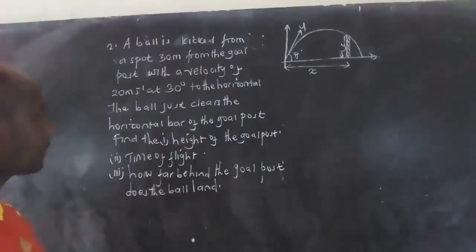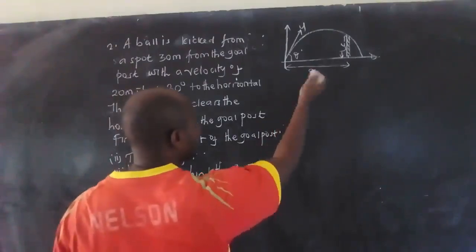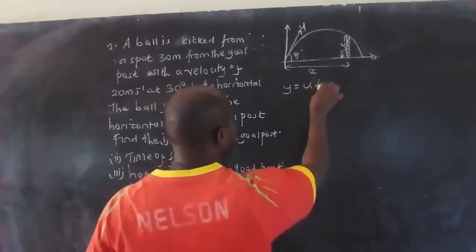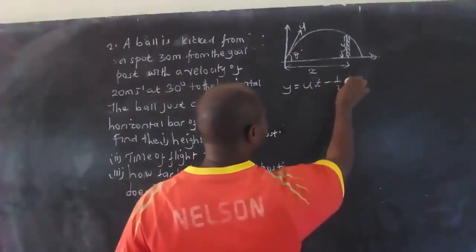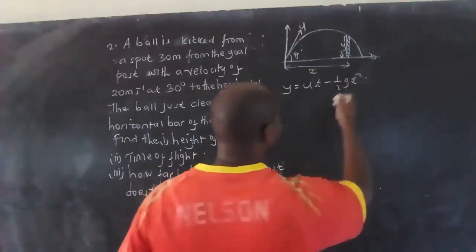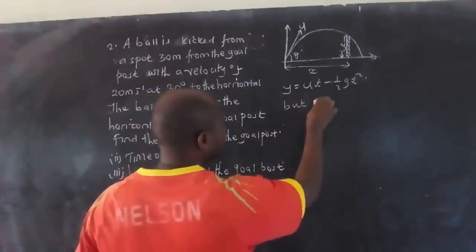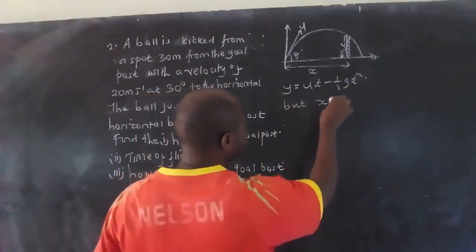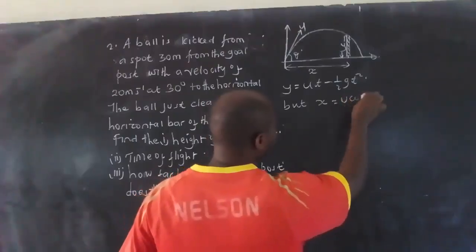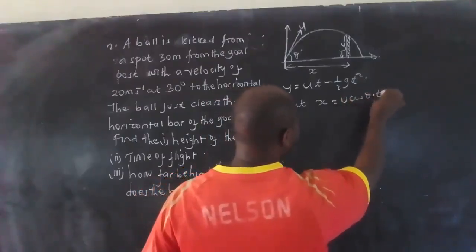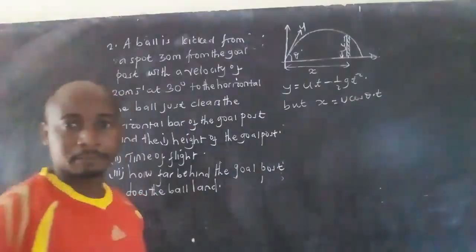So we don't have the height of the goal post, but you can say that y is equal to u sine theta t minus a half g t squared. But our x is equal to u cos of theta times t, right? Because under horizontal motion there is no g.